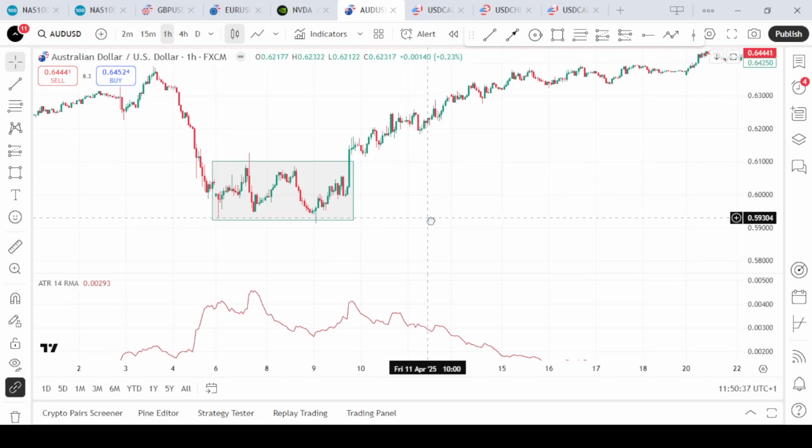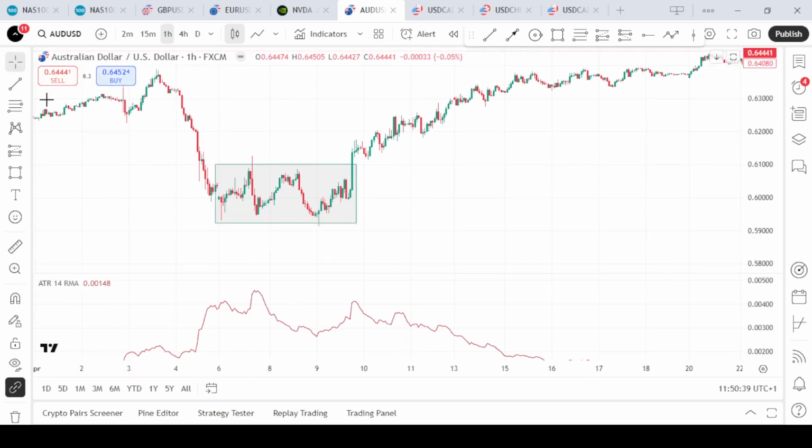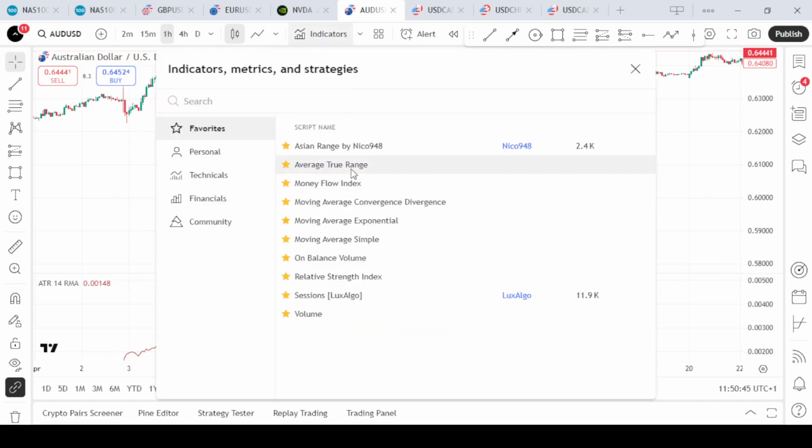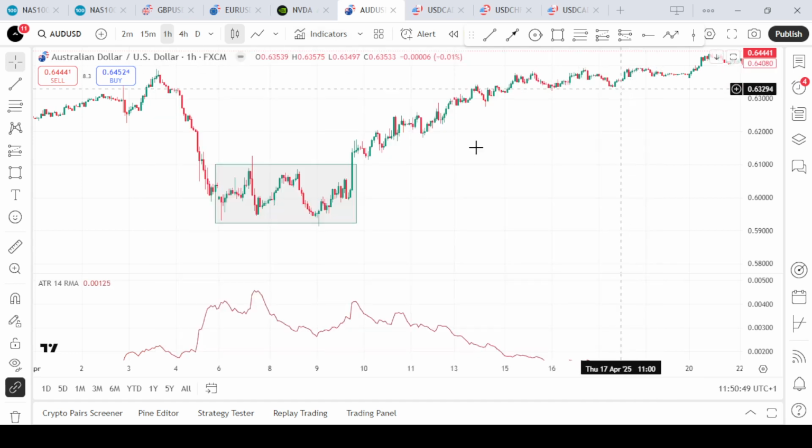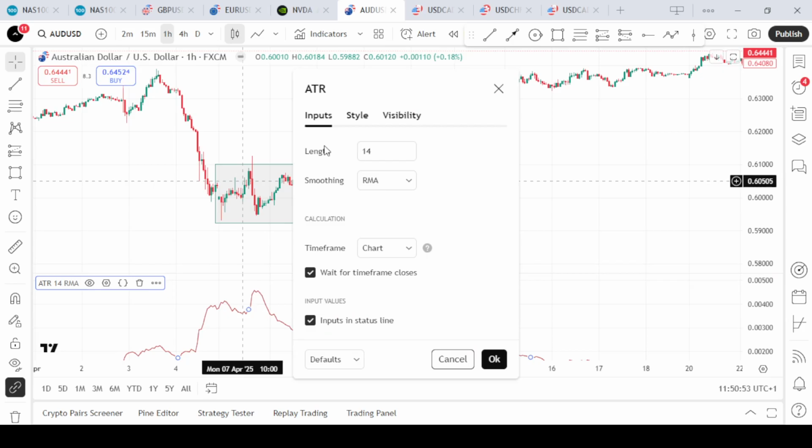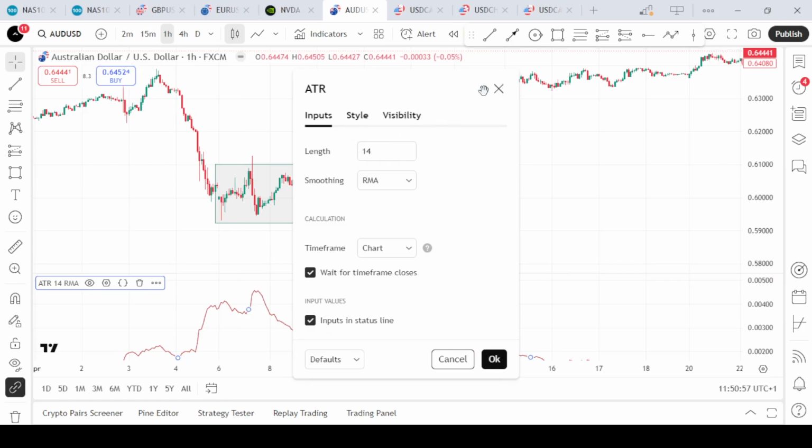The first step is always to set up your chart, and to set up your chart, all you need to do is to add your ATR indicator, your average true range indicator, to your chart, and you make sure it is set at a 14 period length. This should be your standard settings for your ATR indicator. This is your baseline.